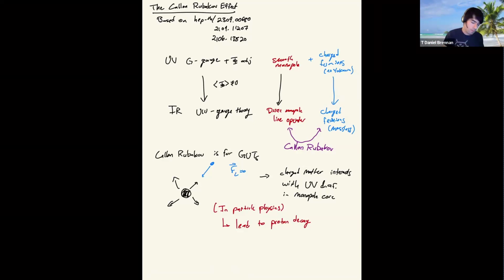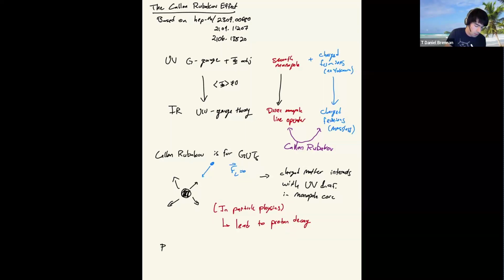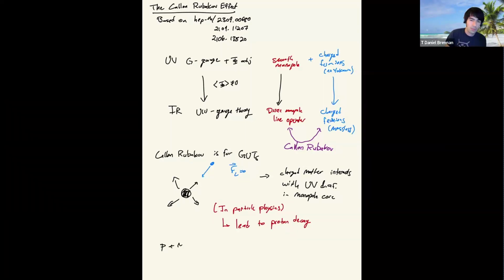Indeed, the thing that is considered the most confusing about the Callan Rubakov effect is that if you do the analysis, especially using symmetries, what you find is that if you take a proton and you scatter it off of the monopole, you get some proton catalysis, so it turns into some positron.